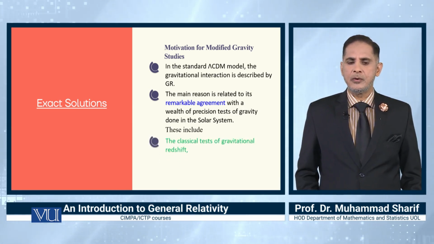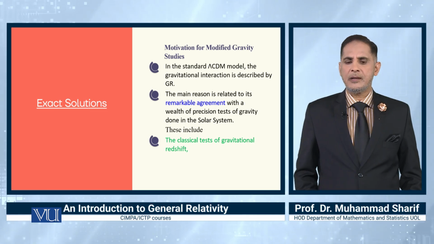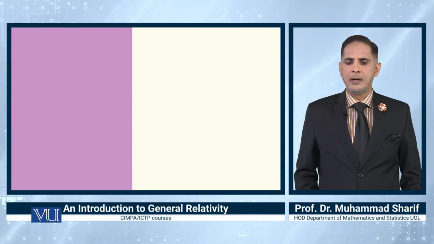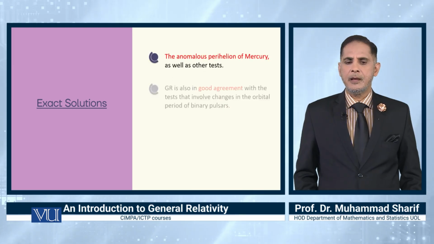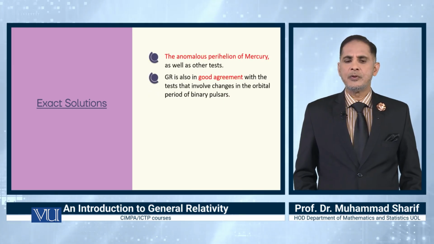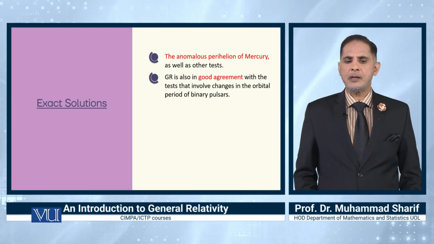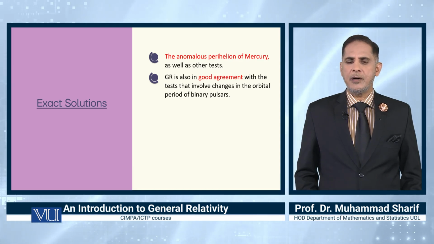These tests include the classical test of gravitational redshift, the lensing of the light from background stars by the sun, the perihelion shift of Mercury, and many other tests. So, general theory of relativity is also in good agreement with the tests that involve change in the orbital period of binary pulsars.